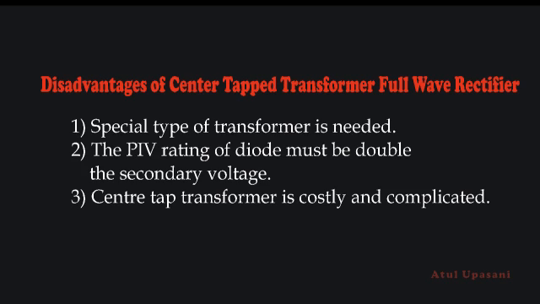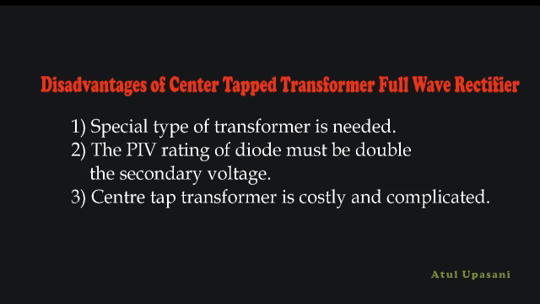The full wave rectifier with center tap transformer has many disadvantages. Some of them are: it requires a special type of transformer, and this transformer is more costly than a normal transformer. Second, the peak inverse rating of the diode used to construct the rectifier must be double the secondary voltage.